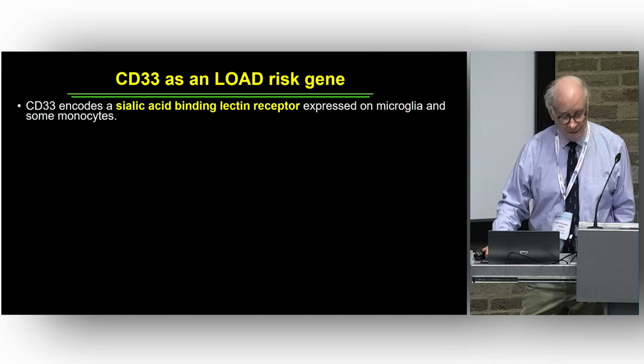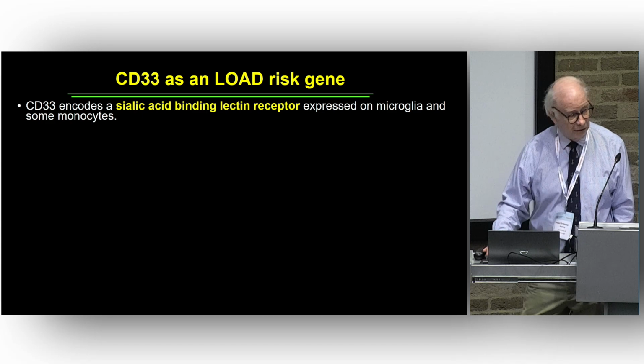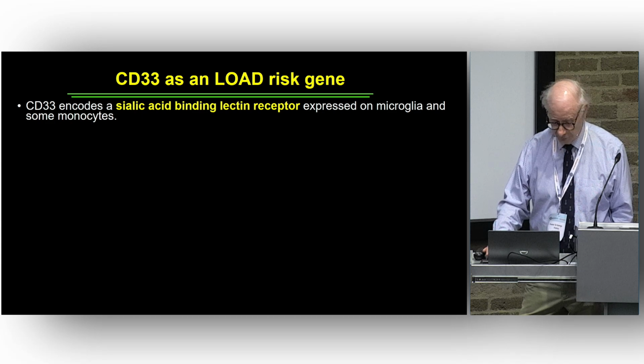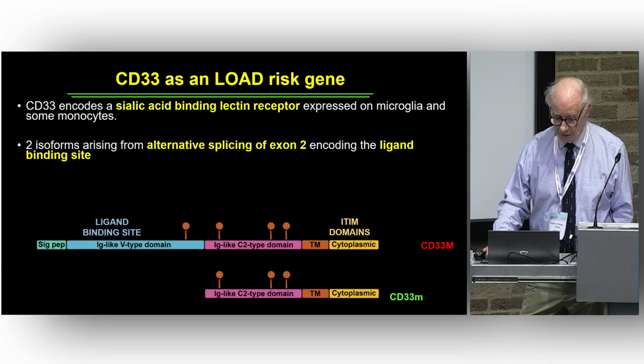So, as I mentioned, CD33 encodes a sialic acid binding lectin receptor expressed on microglia and some forms of monocytes. It contains two isoforms arising from alternative splicing of exon 2, and exon 2 encodes the ligand binding site.